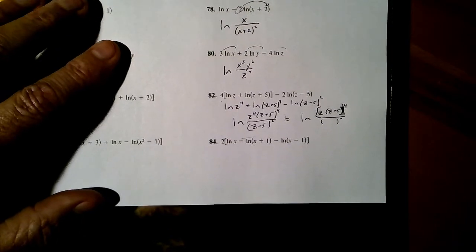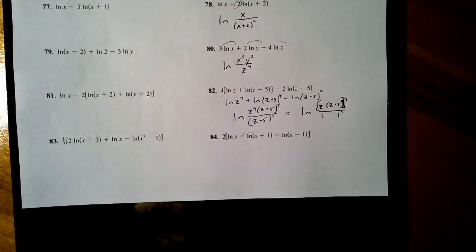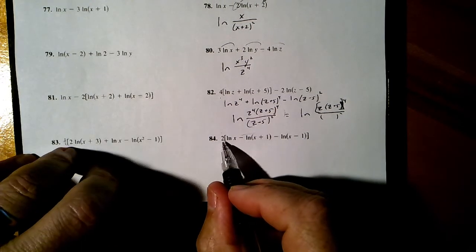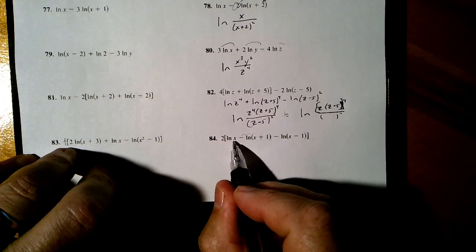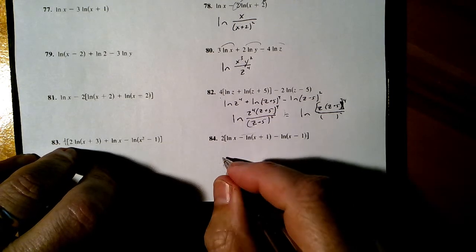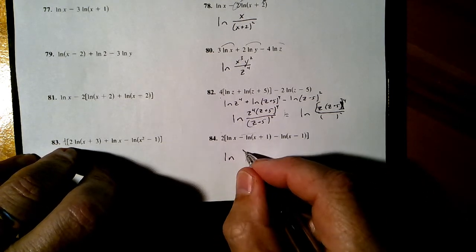And try 84 in one step. This 2 distributes: ln x squared. I've got some minuses, so I'm going to put this up top.